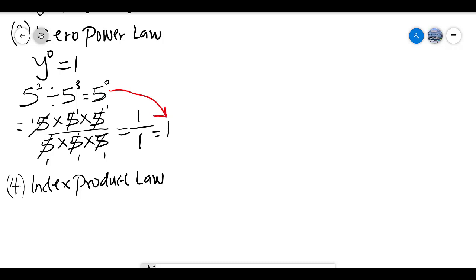If I have an expression like this, I have y, which is raised to the power of a, being raised to the power of b again. This law states that you have y raised to the power of, so these two indices will multiply themselves, a times b, to give you y raised to the power of ab.